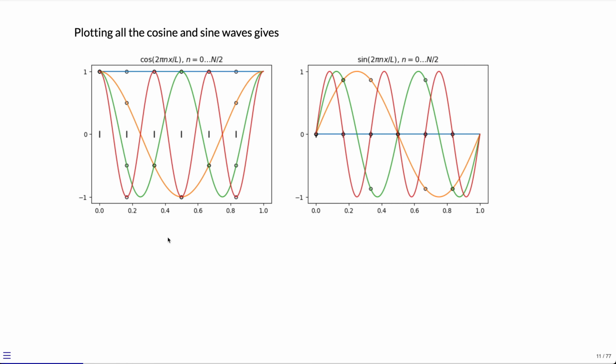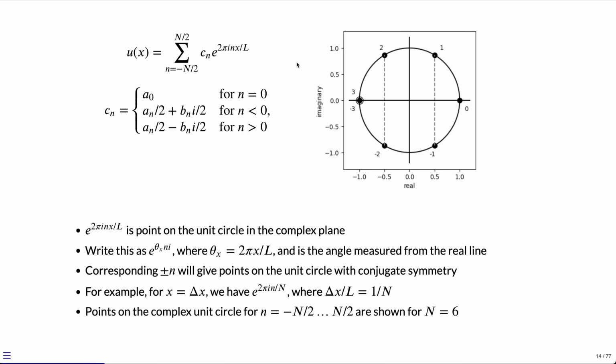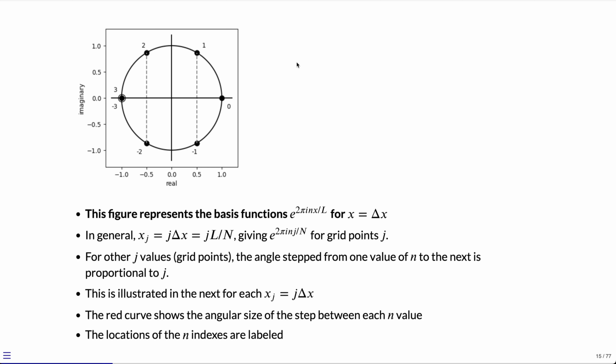So if we look back at our grid, we have 1 delta x, 2 delta x's, 3, 4, 5, 6 delta x's. And when we substitute these in, xj is j delta x, and delta x is L over big N. Then we get e to the 2 pi I n j over big N.